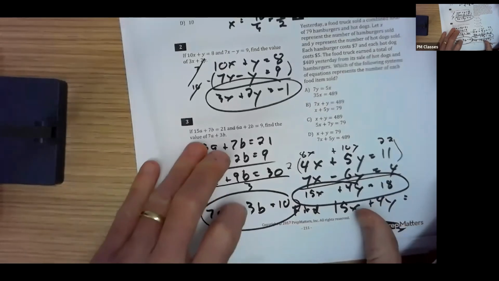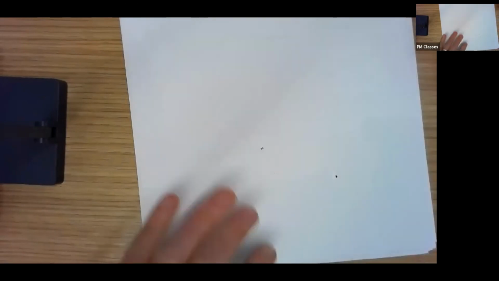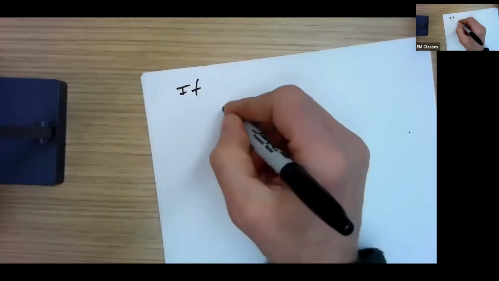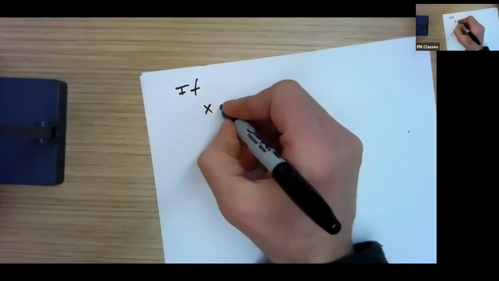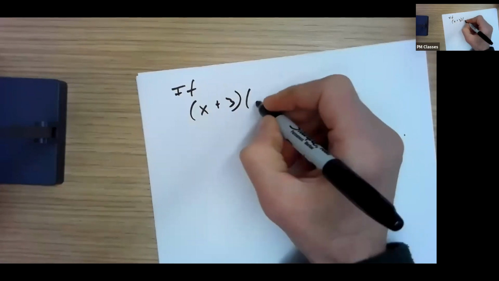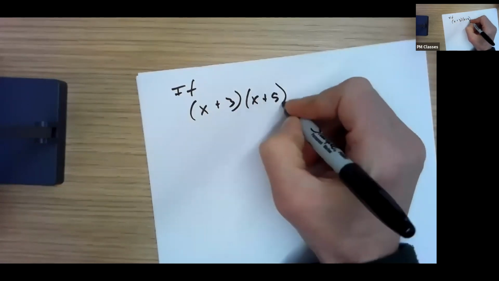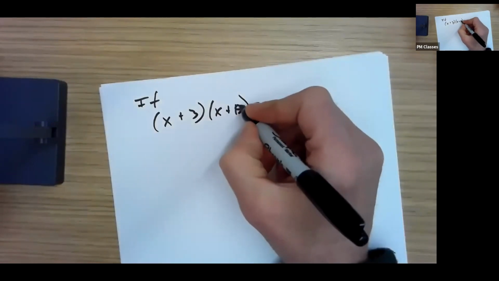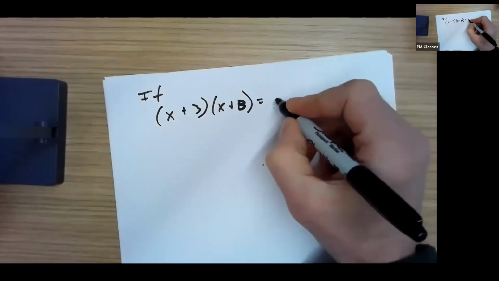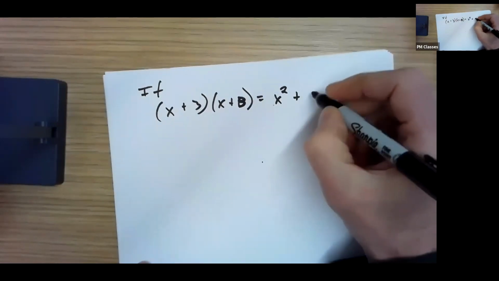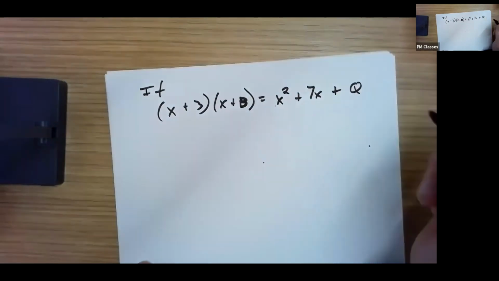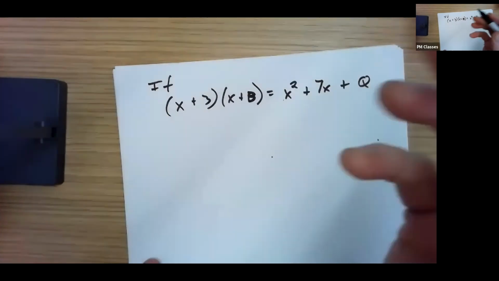So we've gone from some really easy stuff to some really hard stuff. I want to throw one more wackadoodle thing at you. And here we go. If x plus 3 times x plus b equals x squared plus 7x plus q, for quirky.